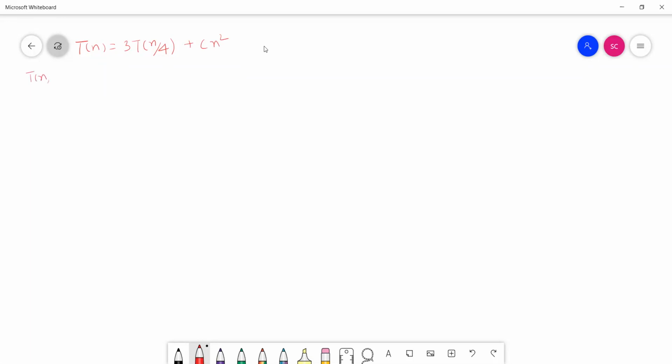So initially we have T(n) size, and after doing n square amount of work, we are getting 3 subproblems of size n by 4. So here we'll do n square upon 16 amount of work. Here again, and here we get 3 subproblems of size n by 16.